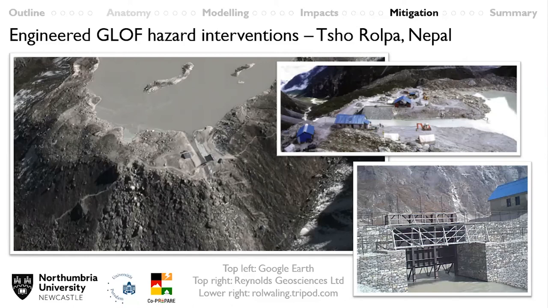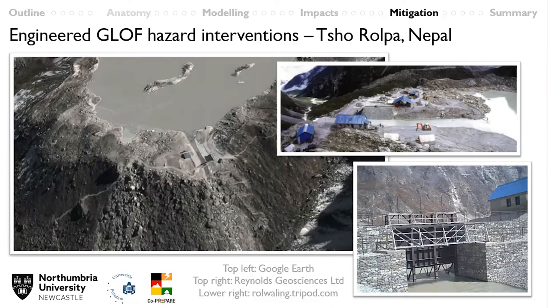Around the turn of the century, a very large engineering project was undertaken to form a concrete spillway and management structure across the moraine dam outlet in order to provide some kind of control over the lake level. They managed to lower the lake by a number of meters in the time following the construction of this spillway. So initially it appears to be effective, but obviously it requires maintenance.